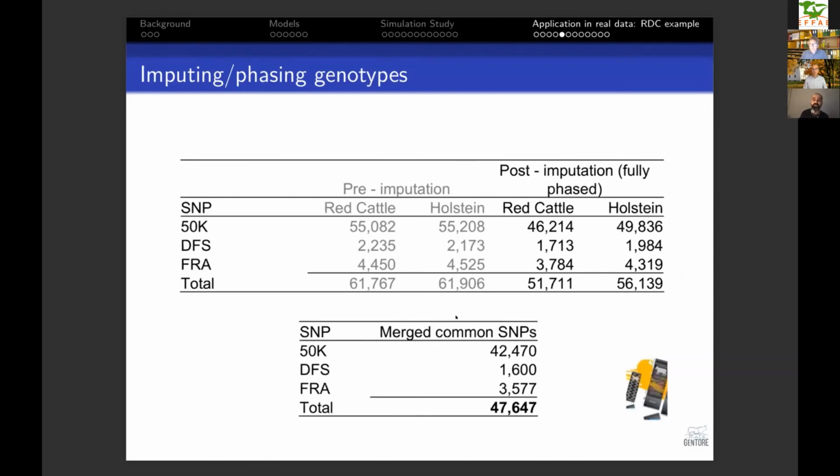And in these SNPs, we had about 40,000, which comes from the 50K SNP chip, and also some whole genome selected SNPs, Danish and French SNPs, about 5,000. So in total, we had a little less than 48,000 SNPs in the data set.